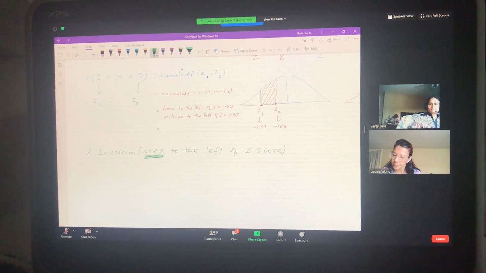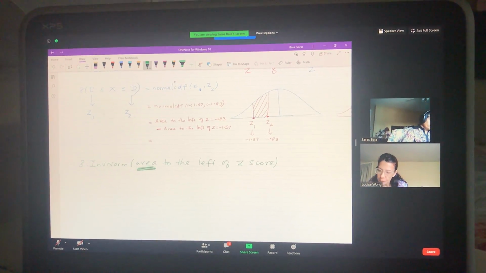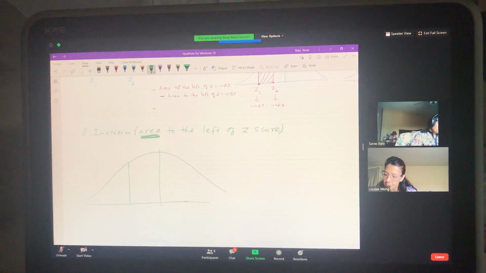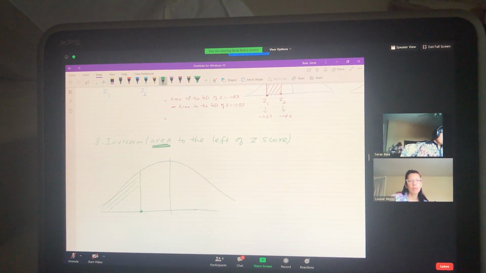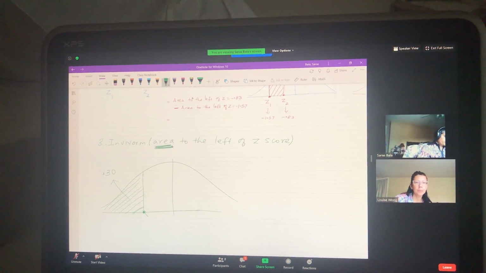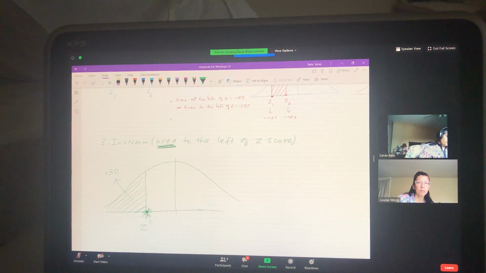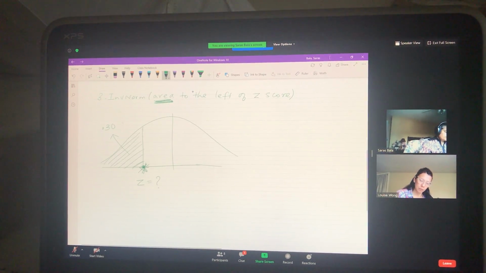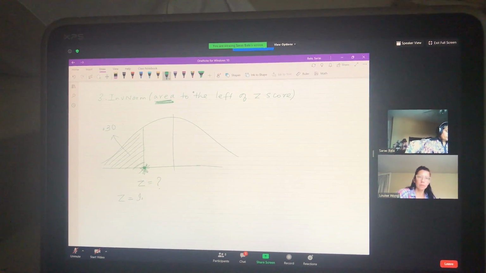Suppose you are given the area to the left of the z-score, which is just about 30%. If this is 30% probability, now you need to get what is the cutoff point. So that cutoff point is, what is z? So the z is going to be the inverse norm of the area to the left, which is 0.30.